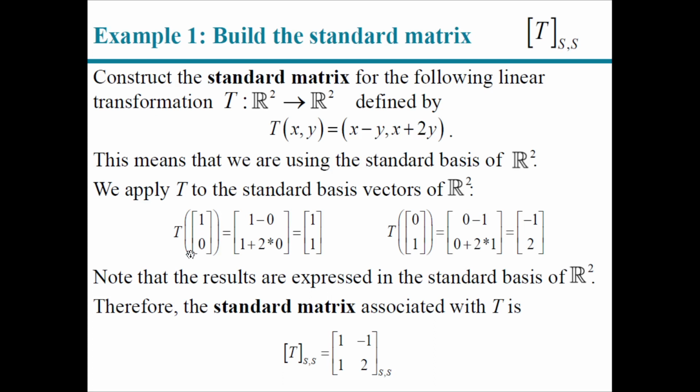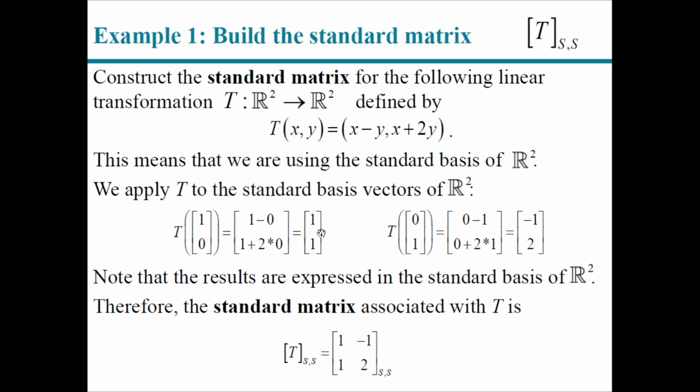So for the vector (1, 0), I apply the transformation, and I get this as an image: (1, 1). And for the standard basis vector (0, 1), I apply the linear transformation given here to that vector. So x is 0, y is 1, and I get the image (-1, 2).